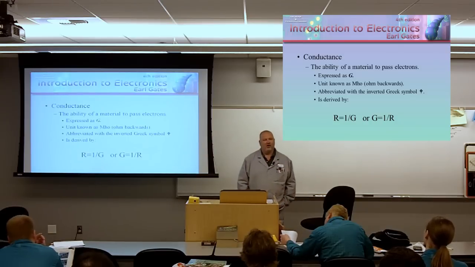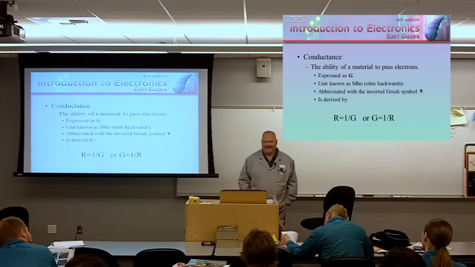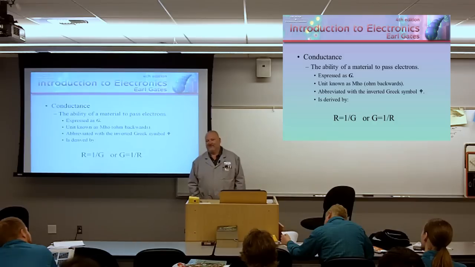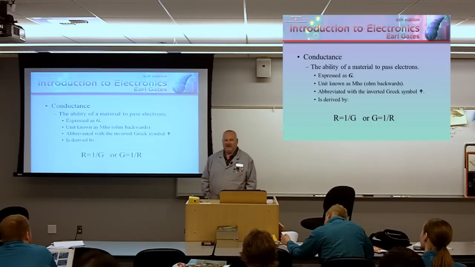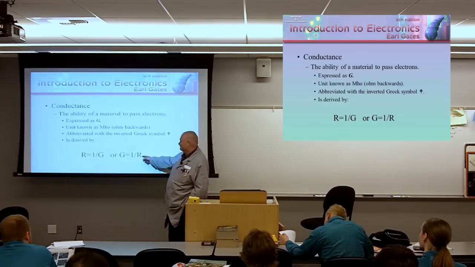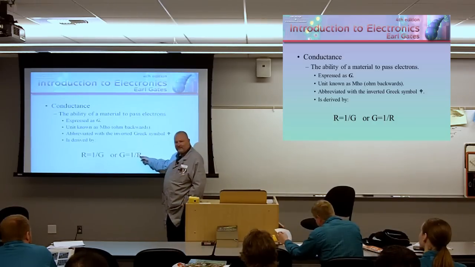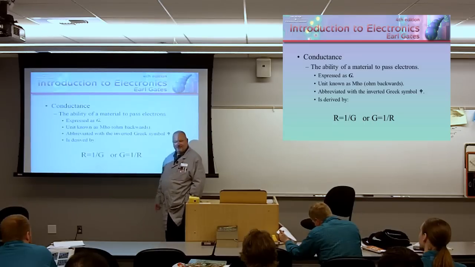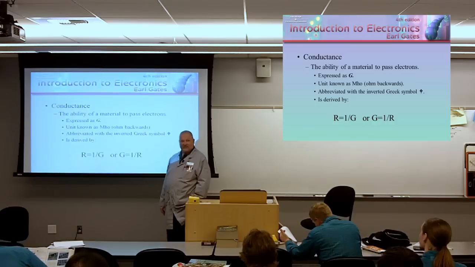Resistance is measured in ohms. Siemens is like, conductance is measured in mhos. That's ohm spelt backwards. Well, how do you calculate it? It's real simple. You take the reciprocal of resistance: 1 over resistance equals conductance.